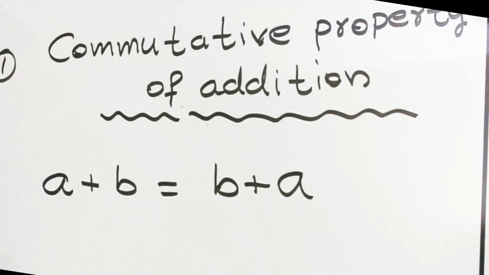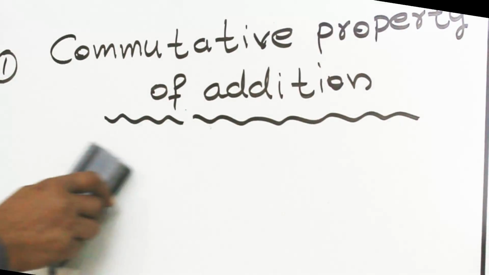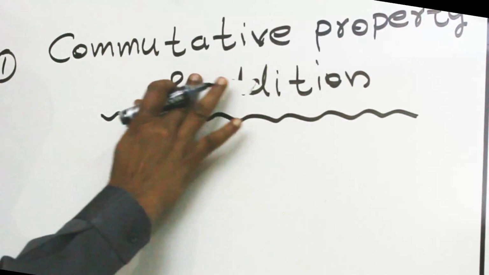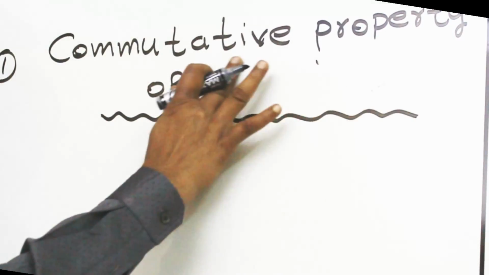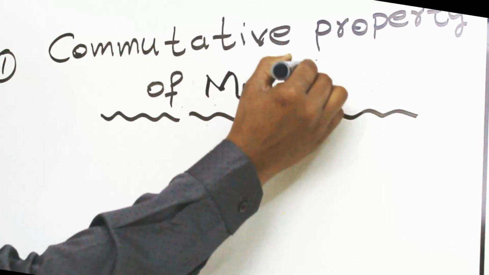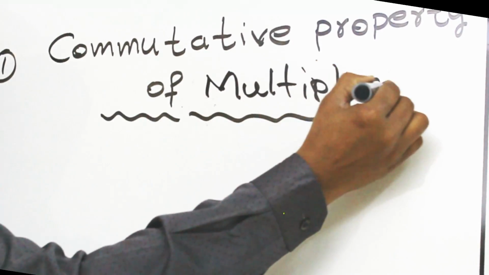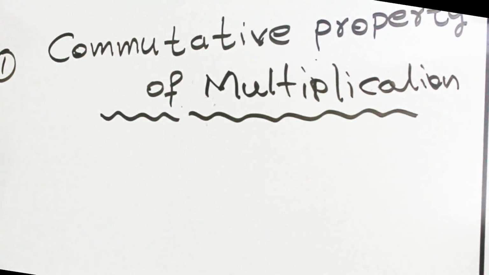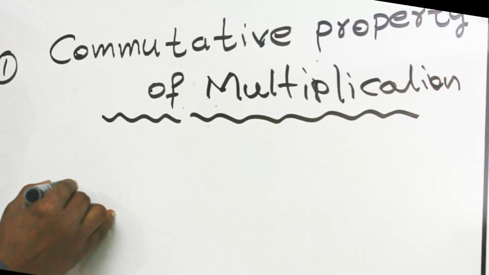Then we have a commutative property of multiplication also. What does the commutative property of multiplication mean?